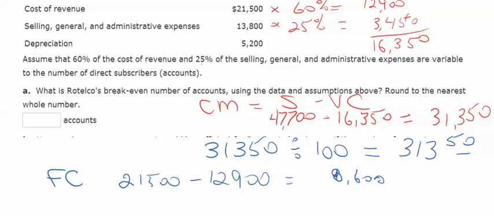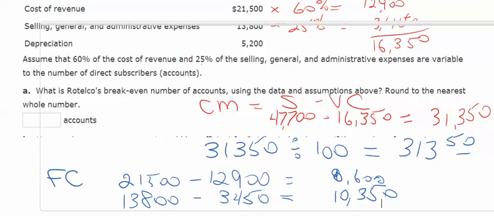Next, I'm going to consider my selling and admin expenses of $13,800 minus the variable portion, which is $3,450, giving $10,350.